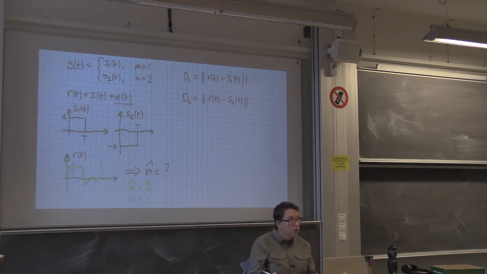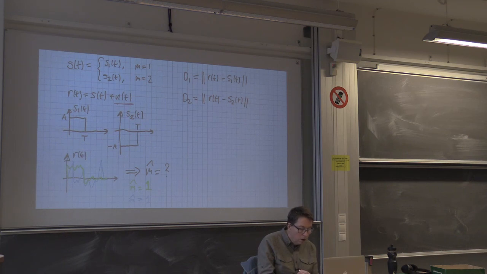So we compute these two distances, which is taking the blue curve minus S1, magnitude squared, and integrate, and we get D1. We take the blue curve minus S2, we get a new signal, magnitude squared and integrate, and then we get D2. Then we look at D1 and D2, and we pick the smallest one of them. So if D1 is less than D2, then we set m hat equal to 1.